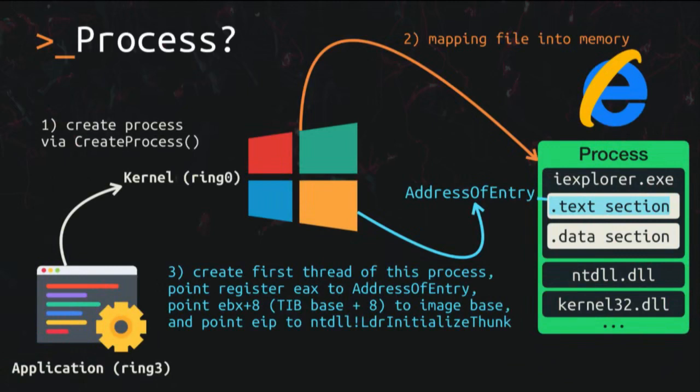Every process on the Windows operating system is created by the API CreateProcess. The kernel will create a new process and map each section into the new process memory. Then it creates a new thread, then points the PC register to the program entry, aka address of entry.